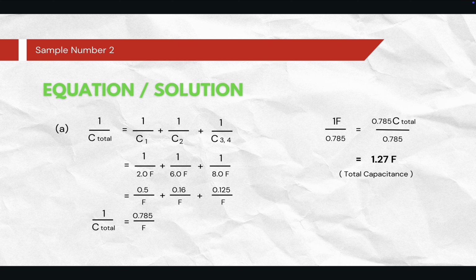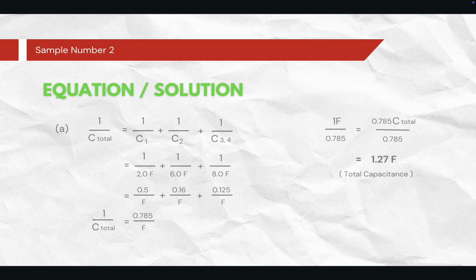Sila yung nauna na na-compute kanina. And then, gano'n lang din, 1 over 2.0, 0.5. 1 over 6.0, magiging 0.16. 1 over 8.0, magiging 0.125. Then, add ulit. Then, 1 over 0.785, magiging 1.27 F. Yan yung total capacitance ng series dito.